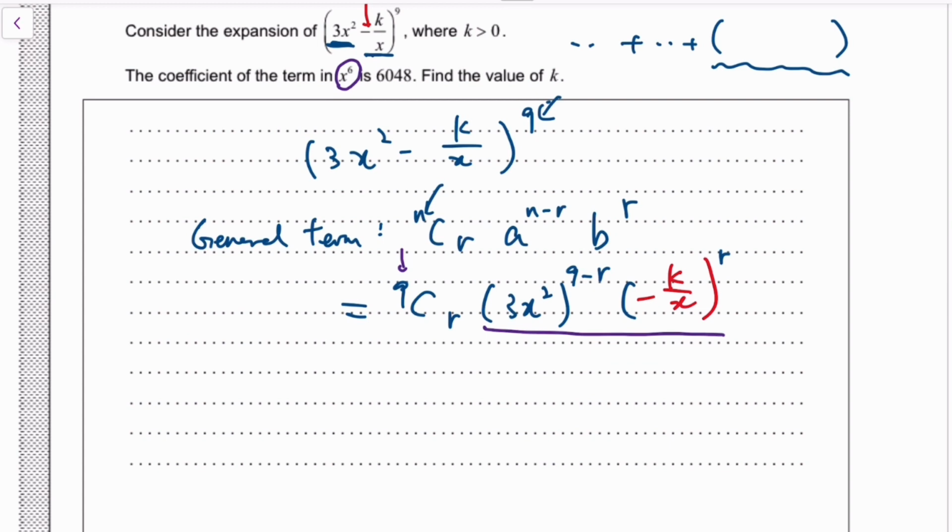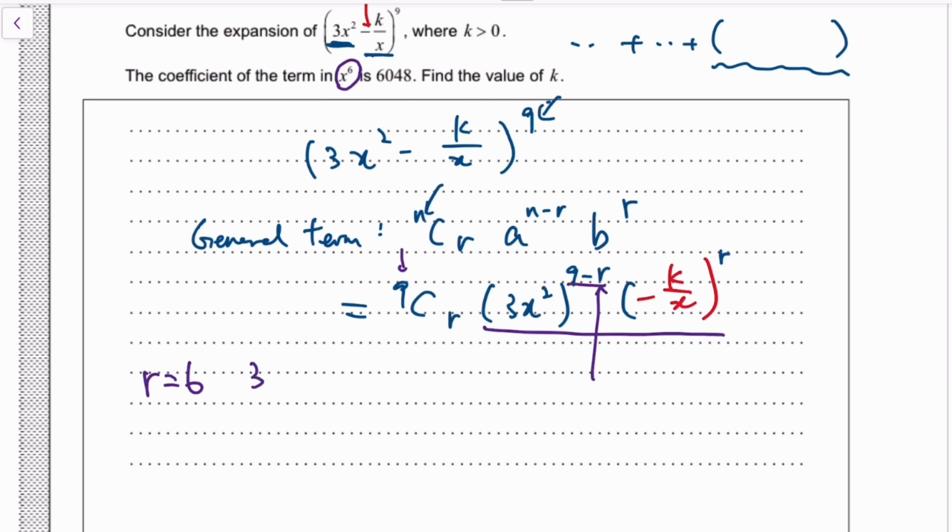Now I think I should first show you that, for example, 6 is not the answer. For example, r is not 6. That's because if you try r to be 6, then here is 9 minus 6, so it's 3.